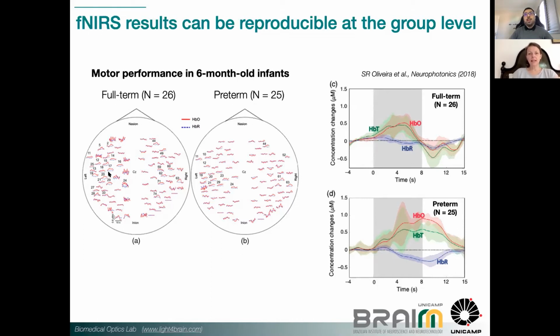So you see there's an increase around the motor cortex in both groups. You see that some channels on the ipsilateral side, since there was right-hand stimulation, also respond. If you look at the time courses of the group, you see a robust increase in HbO and a decrease in HbR, right?